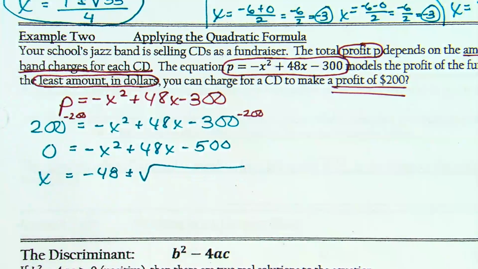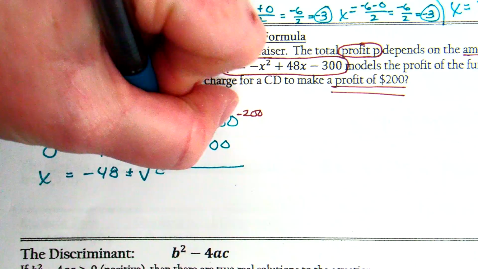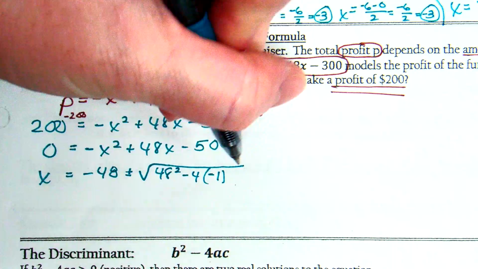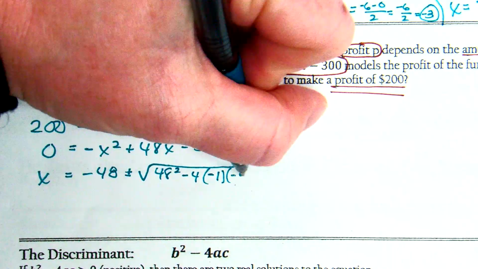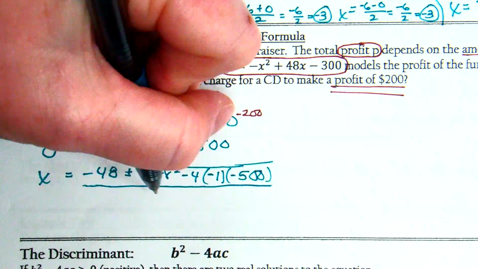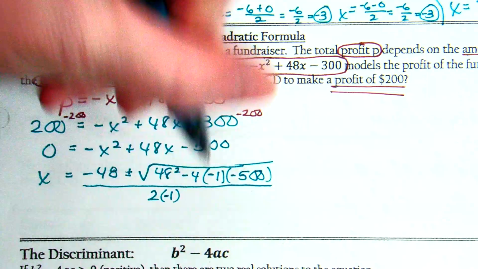So my sympathy kind of goes out the door there, because you guys will just grab the calculators. Okay, b squared, 48 squared, minus 4 times a times c. So times negative 1 times negative 500, divided by 2a. So 2 times negative 1.